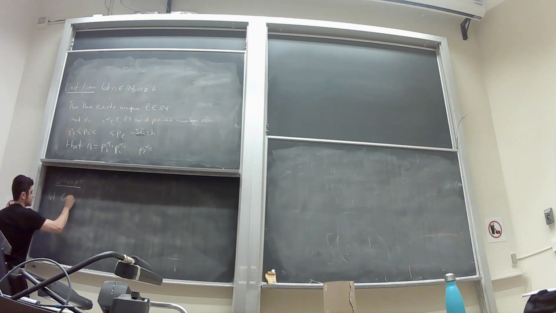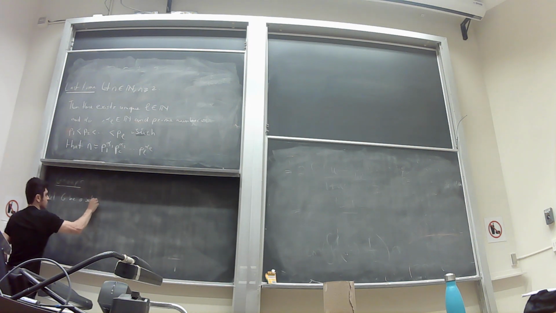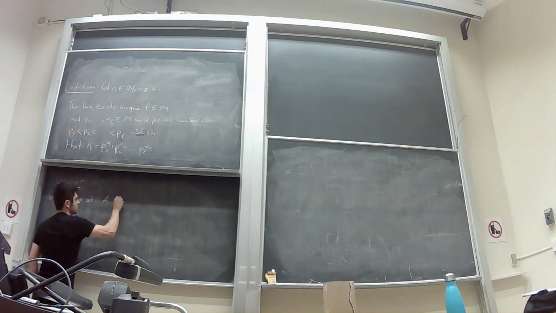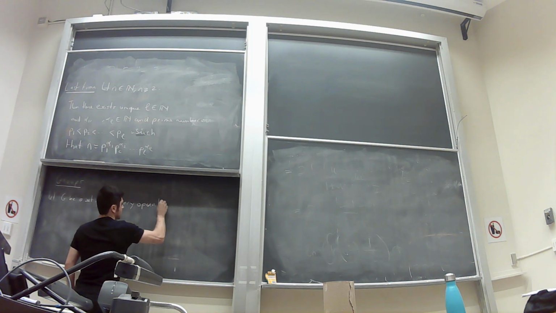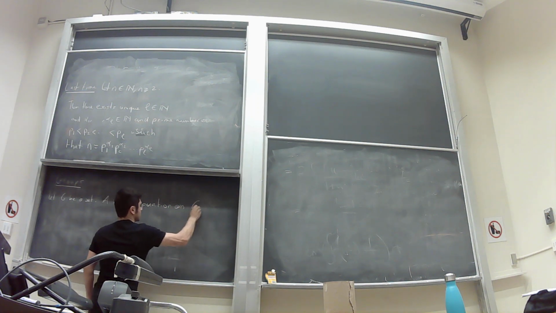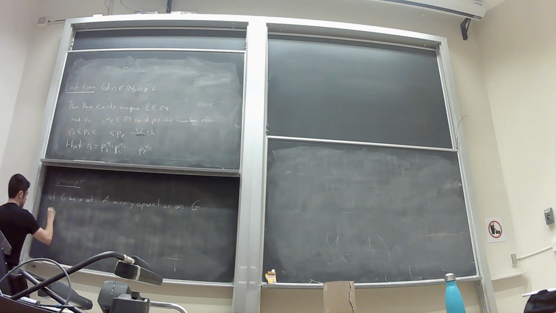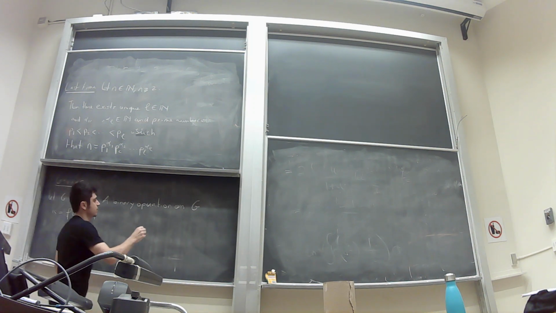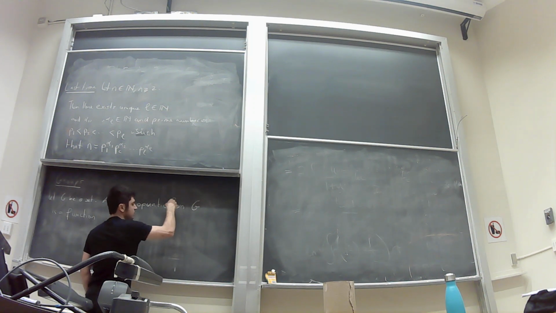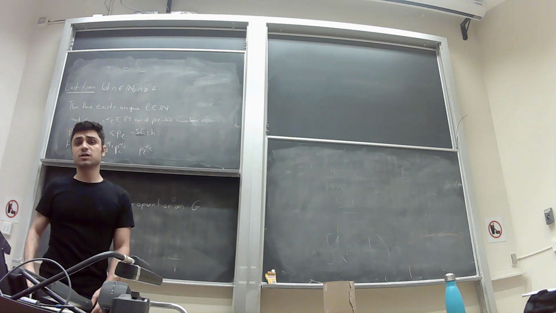Let G be a set. A binary operation on G is a function, let's call it circle, okay? This is not necessarily composition. I'll just call it circle for now.